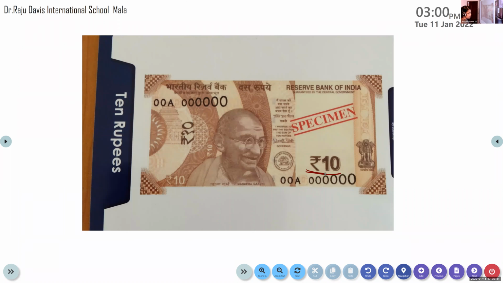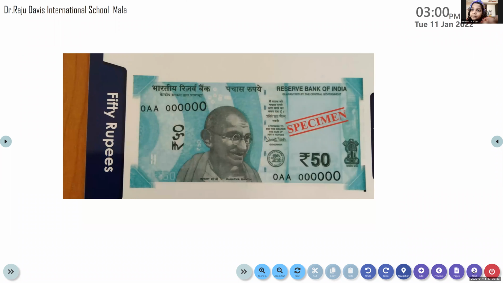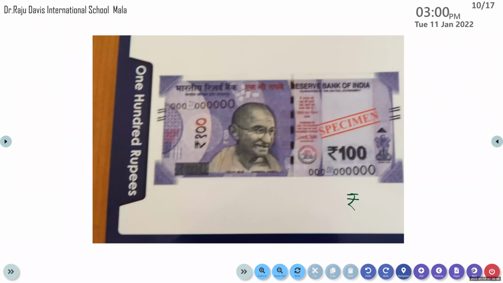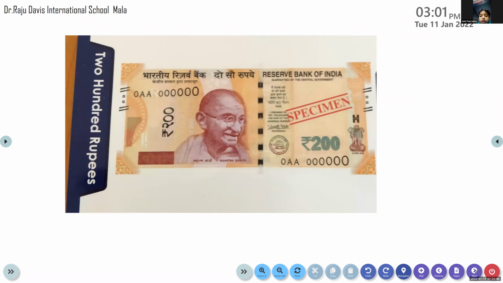Identify the note. 50 rupees. Here also you can see the symbol. Now, what about this? 100 rupees. Next we have 200 rupees.